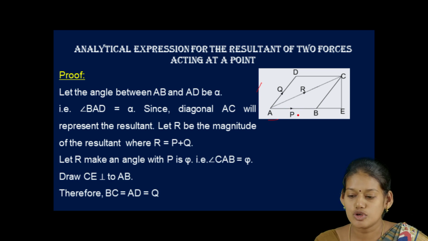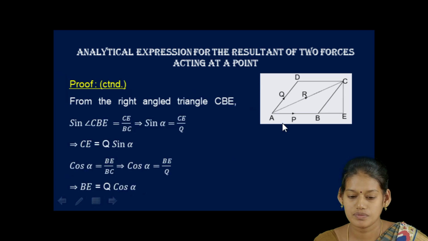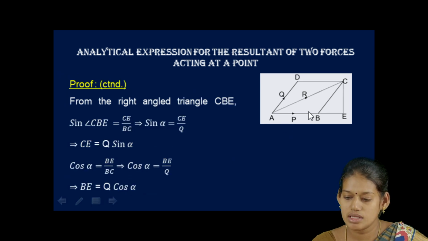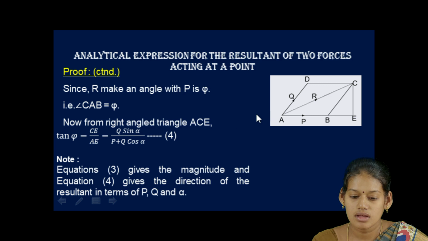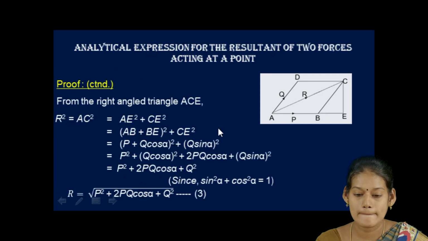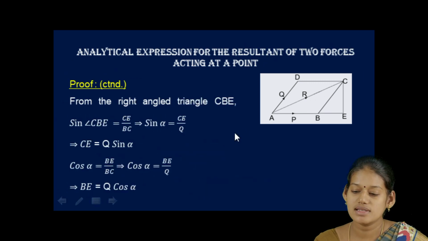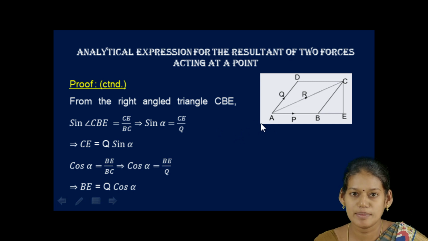Next we draw the line CE perpendicular to the line AB. So BC equals AD equals Q. Now consider the right angle triangle CBE with the 90 degree angle at E. Here sin CBE is CE by BC, which is opposite side by hypotenuse.